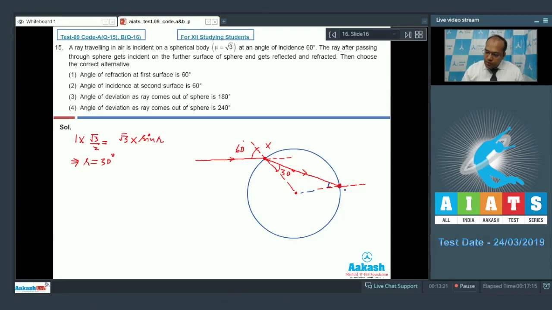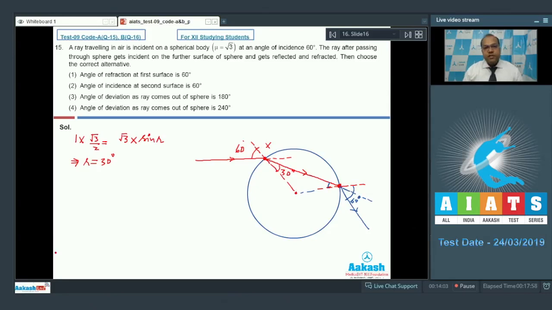So this is the initial direction of the ray. When the ray moves from a denser medium to a rarer medium, it will deviate away from the normal and the ray will go in this direction, and this angle is 60 degree.